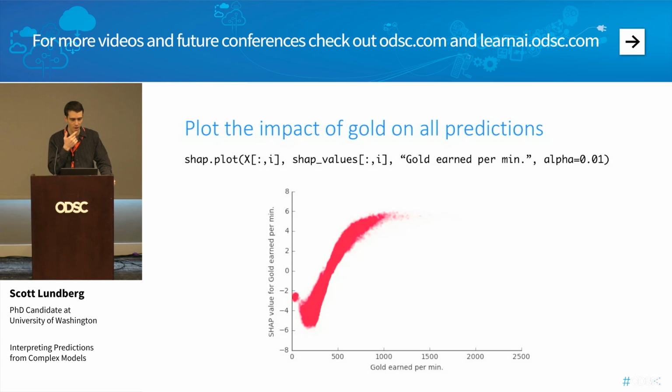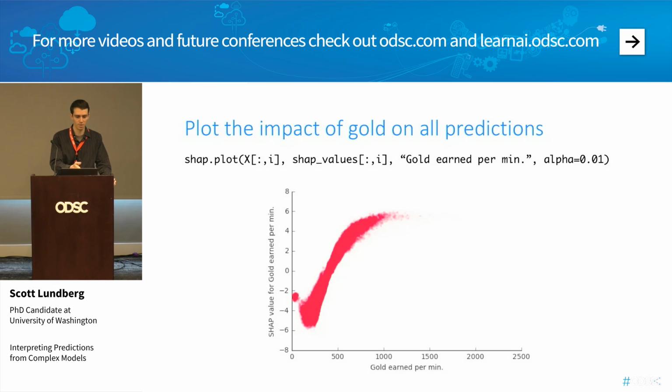But what this gives me beyond what a partial dependence plot gives me, let me see if I have a cursor here, is you can see a vertical spread. And what is that? Well, even though I know how much gold you earned, right? Let's say you all earned 250 gold per minute. That doesn't necessarily mean that it matters the same for every person, because this is not a linear model, right? There are interaction terms.